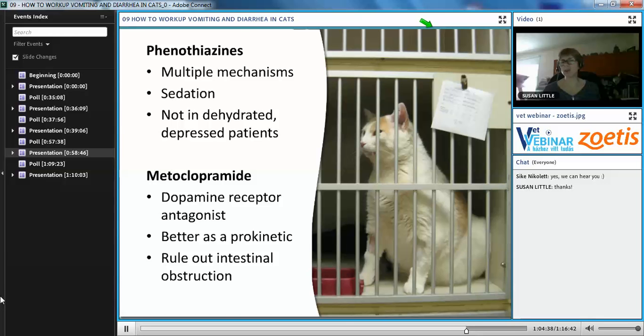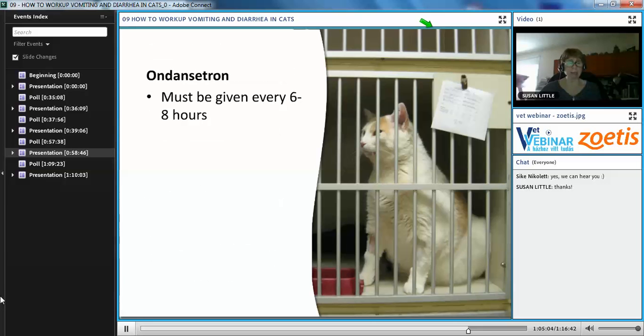And metoclopramide is also limited in the cat. It's not as good an antiemetic in the cat as it is in the dog. It's actually a pretty weak antiemetic in the cat, so I don't use it any longer as an antiemetic, and you have to be very sure that your patient does not have an intestinal obstruction because this is a prokinetic agent. So we really do like to stick to maropitant and then maybe mirtazapine.